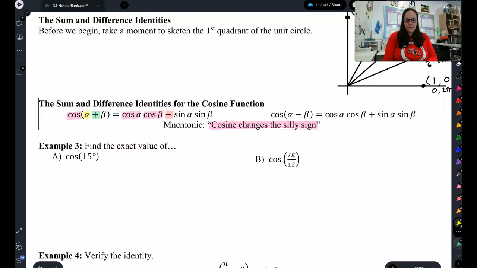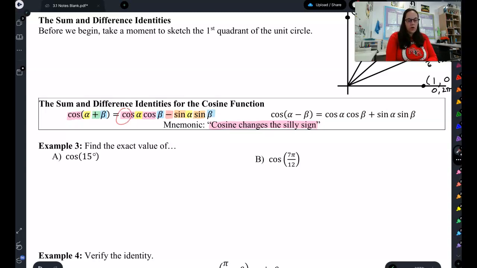Let's do it this way. Add some color to it, help us get this down. And then we have sine of that angle, sine of the first angle, sine of the second angle.